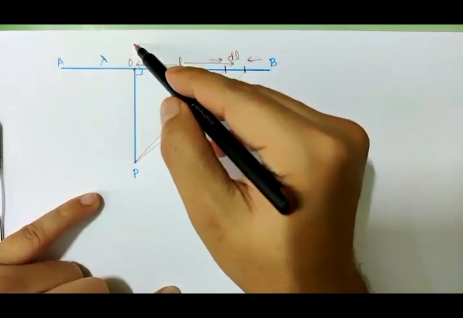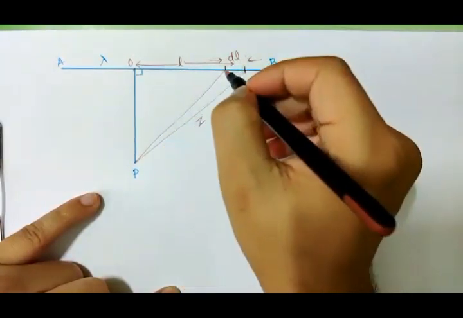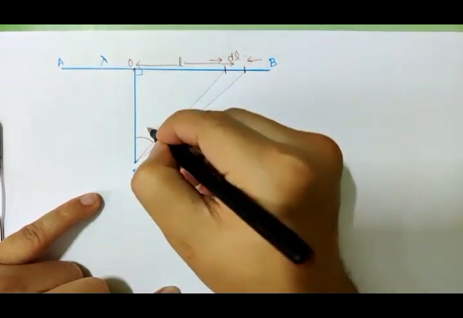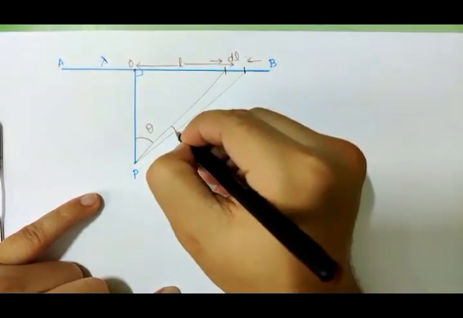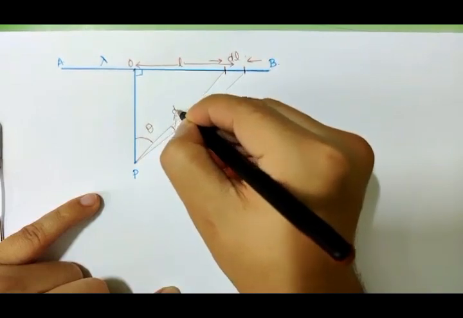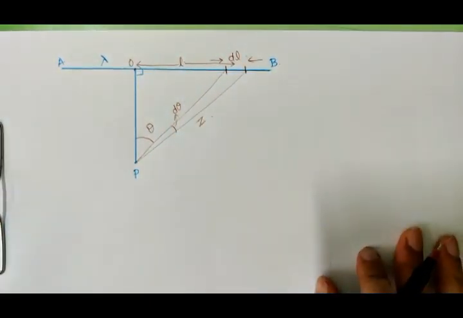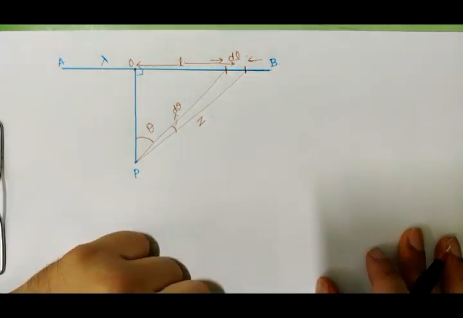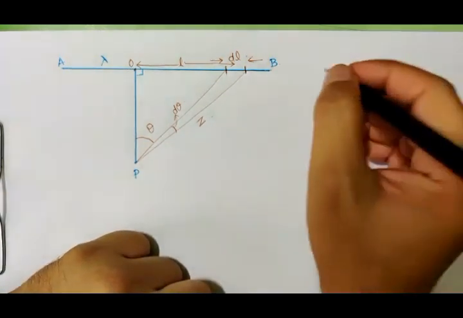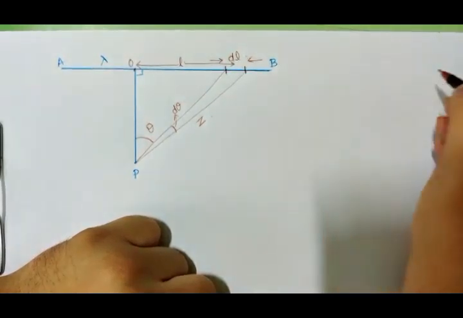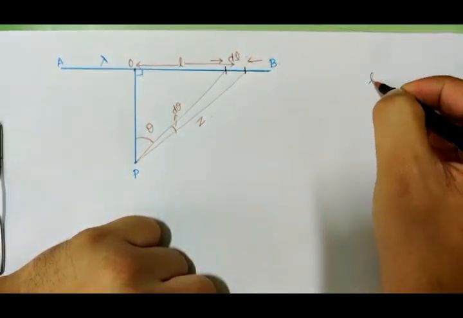Now, this section is at an angle theta with this line PO and subtends an angle d theta at the center. I'll write down some of the geometrical relations between them, which will be useful.